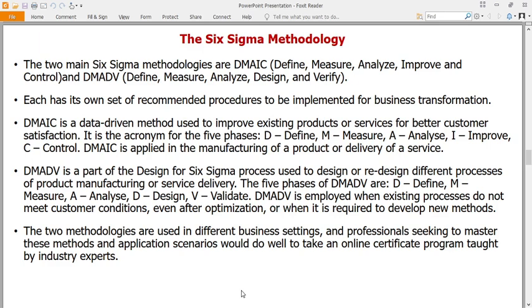While the define, measure, analyze, design, and verify or validate is used to design or redesign a different process of product manufacturing or service delivery. So the first one basically looks at improving and producing something better yet. The second one looks at redesigning the product.